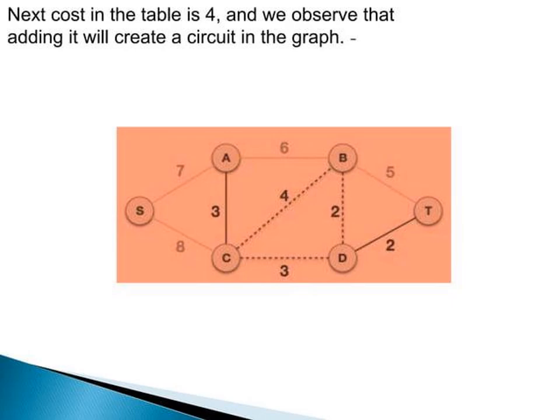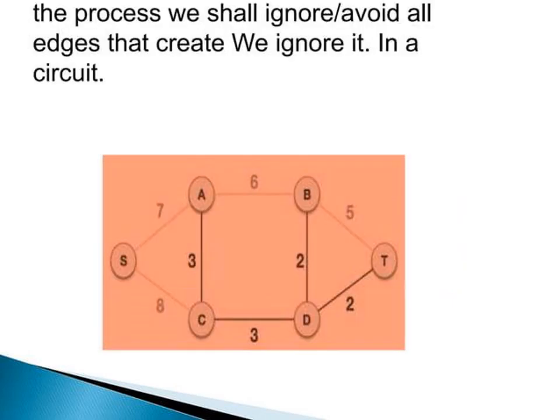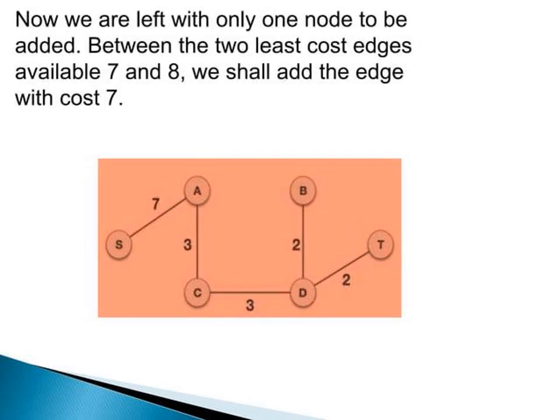The next edge, with cost 5, is also forming a cycle, so we remove it. Finally we go to the edges with cost 7 and add the edge with cost 7. So this is the final answer.